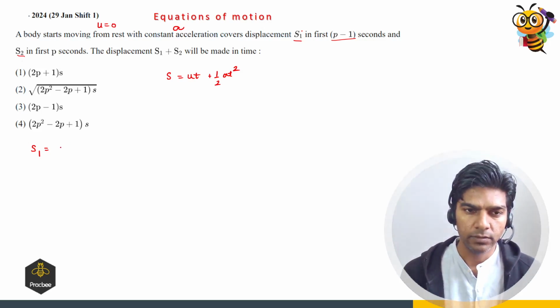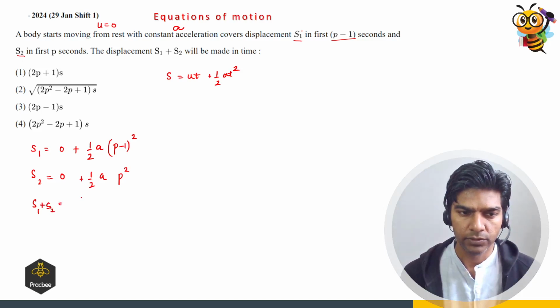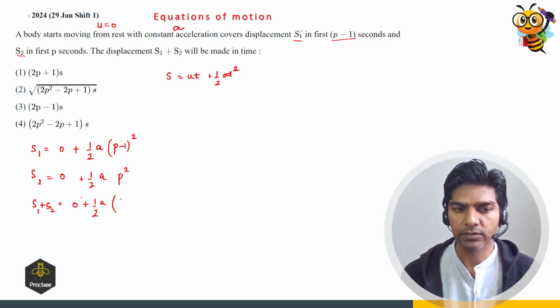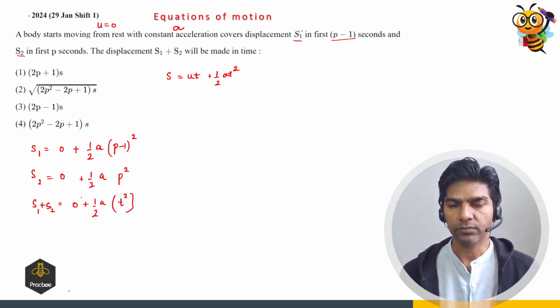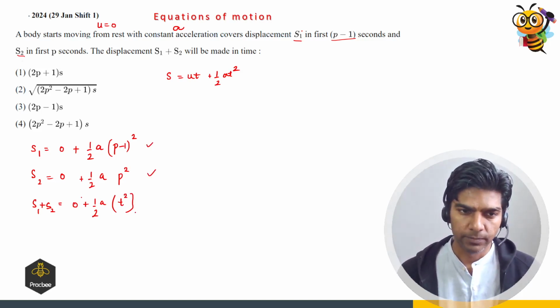So s1 equals initial velocity 0 plus half a (p minus 1) square, and then s2 equals 0 plus half a p square, and then s1 plus s2 equals 0 plus half a, let us take the time as t, and we have to find t square.